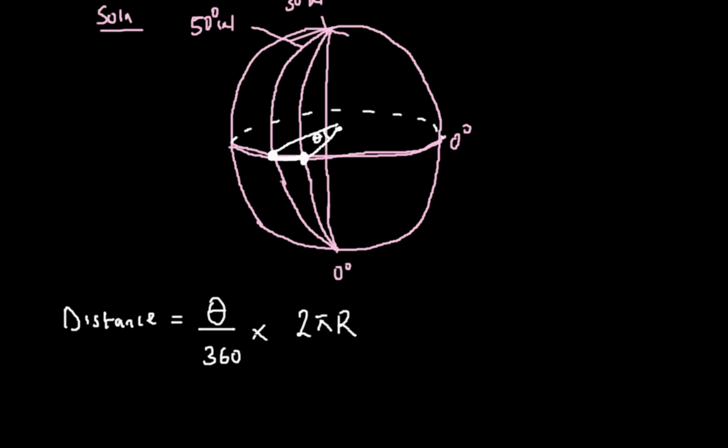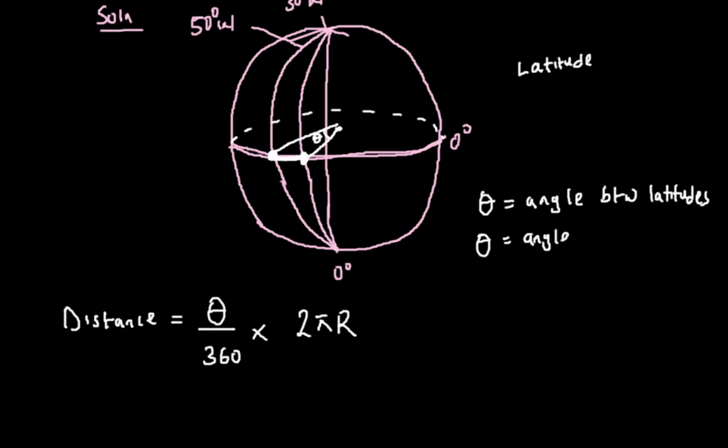Now the only thing that will be different is that, remember in the previous video I told you that theta is the angle between latitudes. But in this case, because the equator is a latitude, it means that theta would be the angle between longitudes.